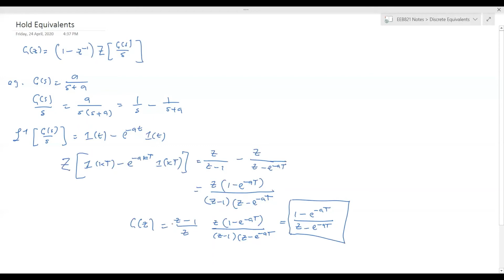This is my final answer for G of z. So my G of s is this, and using the zero order hold technique I got G of z as this, which is similar to what I got using the matching method, matching poles and zeros.